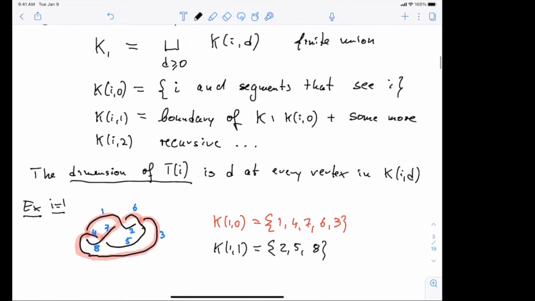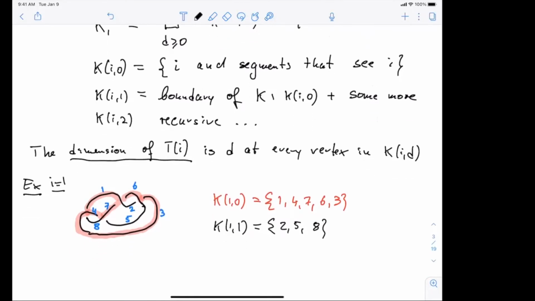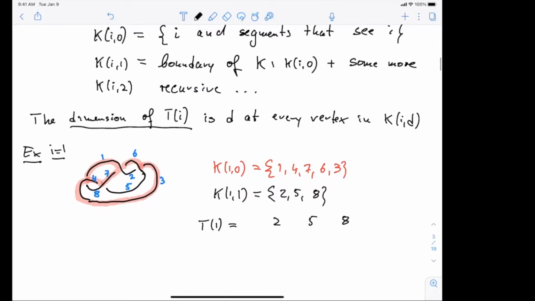So here in this example, all the red vertices are not present in the representation, the dimension is 0, and the only non-zero vertices are 2, 5, and 8. Each of these has dimension 1, so let me write k is a field, at each of these vertices.